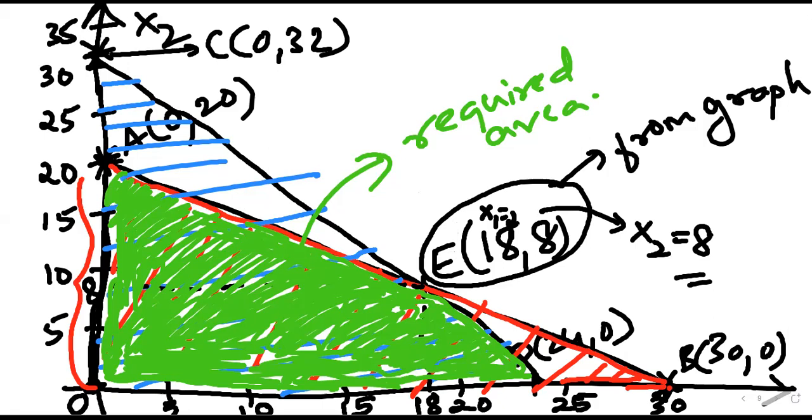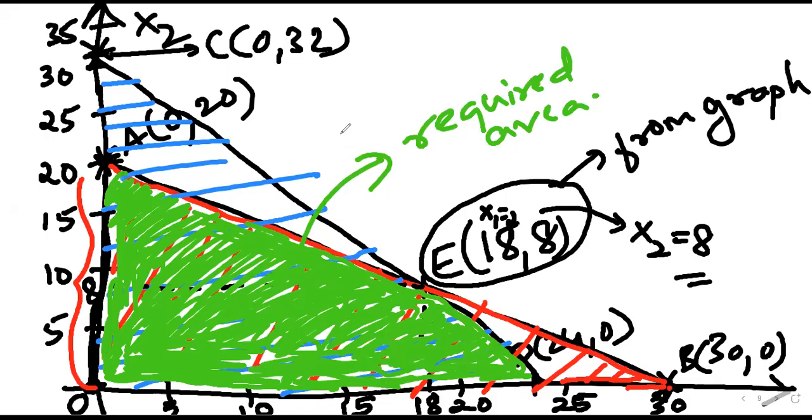One more step is pending. So at least you have to solve the values. By solving the simultaneous equations by the previous method, what are the values you are getting for x1 and x2?